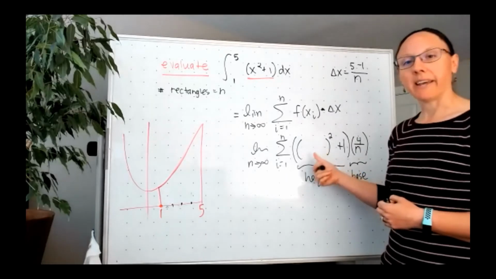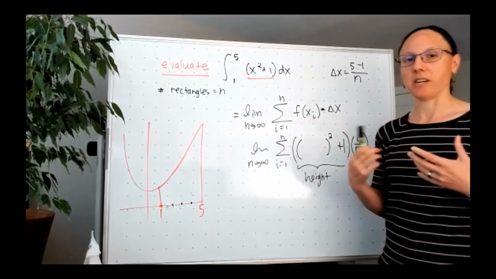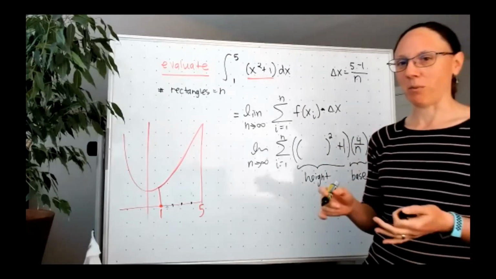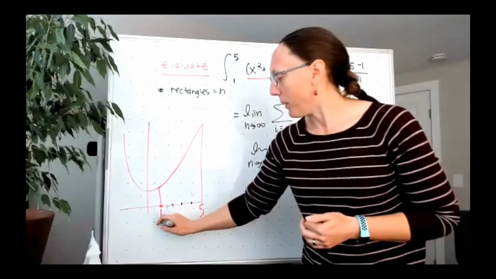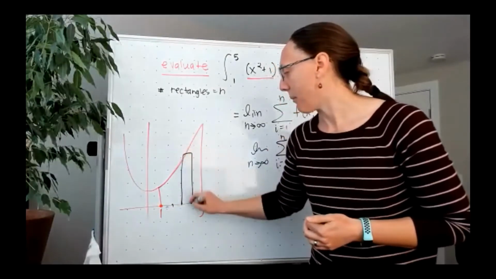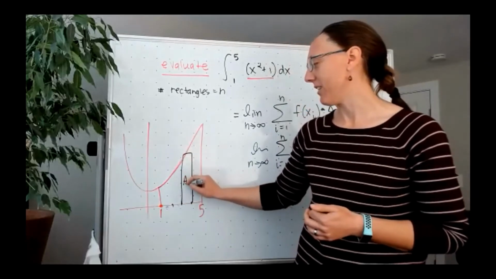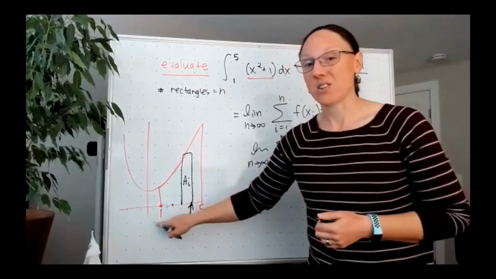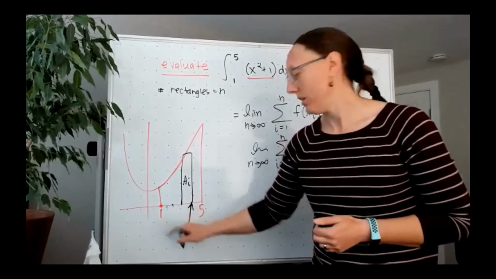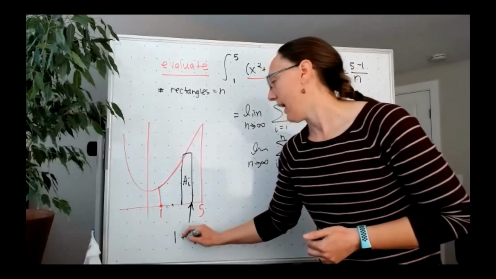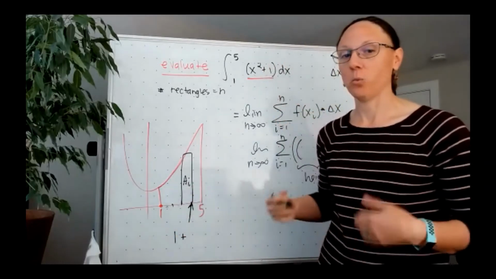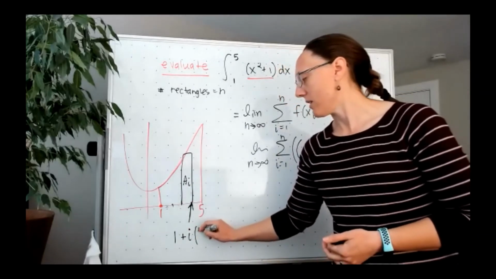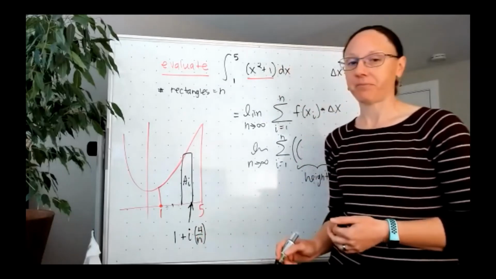But to get what I would plug in here for that x sub i, that's where we're going to need that formula. And again, we talked about where that formula comes from last time, but we build off of it to get my generic rectangle. On the right-hand endpoint, I start at my lower bound, so I start at 1. And by the time I'm on my ith rectangle, we've moved over i times our delta x.